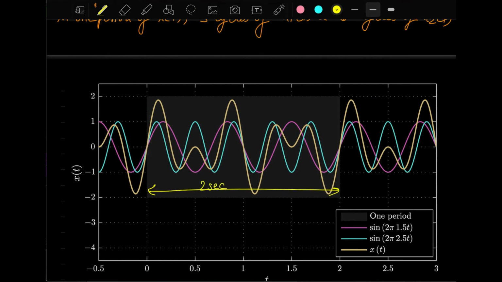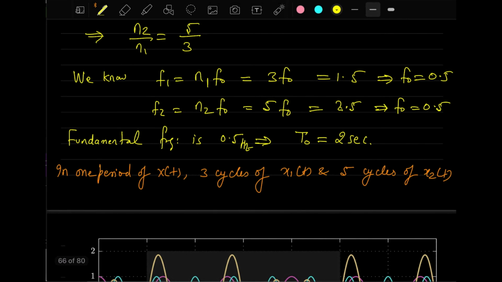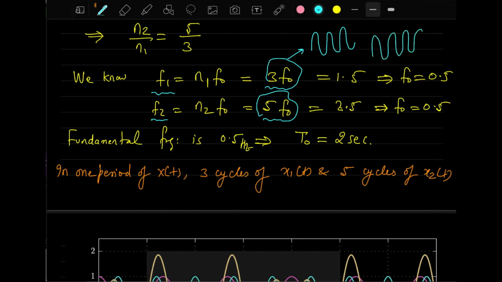As you can see on the plot, when you say that f1 is 3 times f0 and f2 is 5 times f0, it means there will be 3 cycles of f1 and 5 cycles of f2.